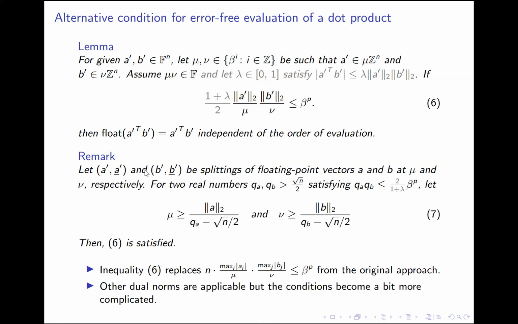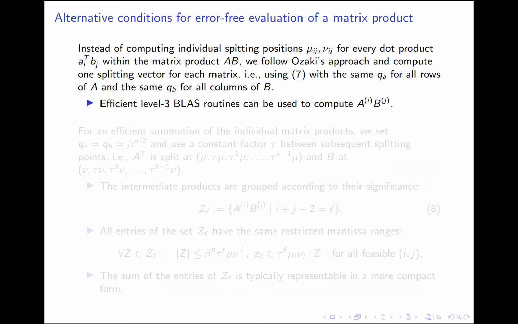Therefore, for the splitting satisfying this, we know that the significant part is calculated in floating point arithmetic without rounding error. We also have here an additional term for the condition number. So we can exploit the condition number of the problem if we know it, to weaken the condition and then choose even larger mu and nu. But for the sake of simplicity, I just show it here and will not really talk about it.